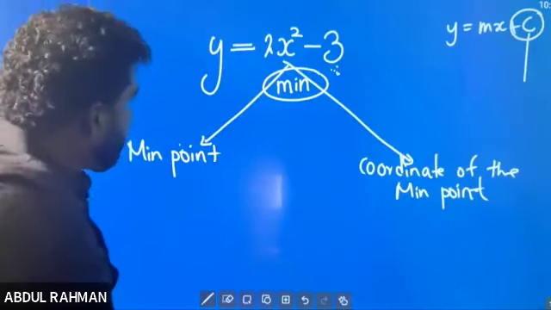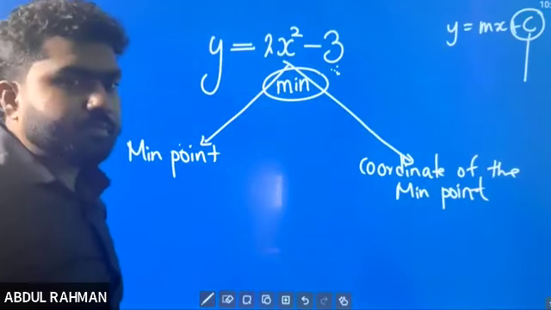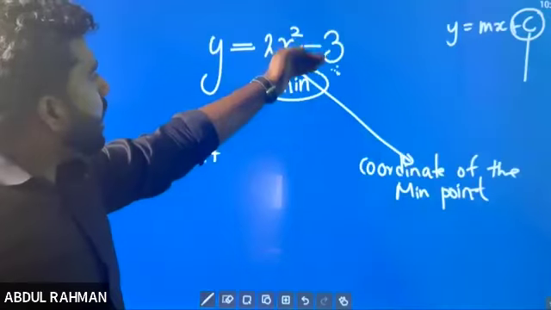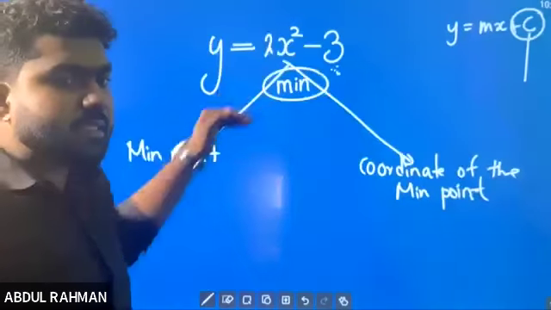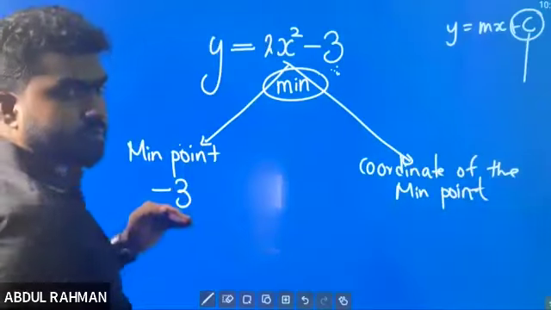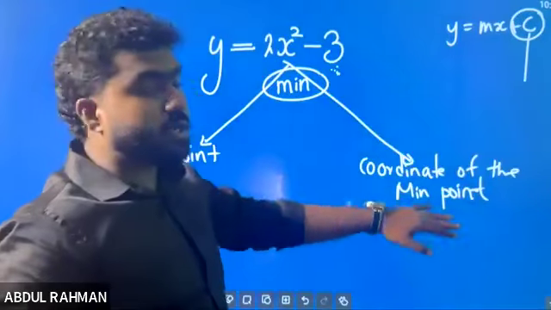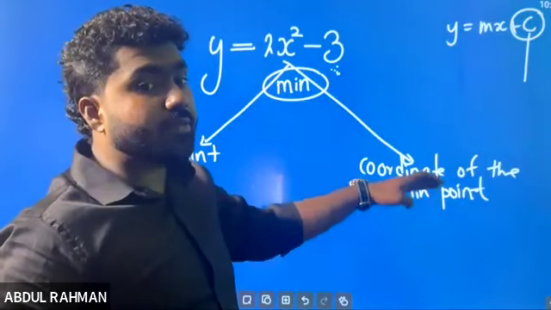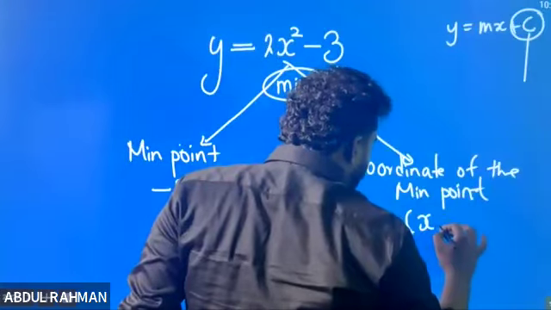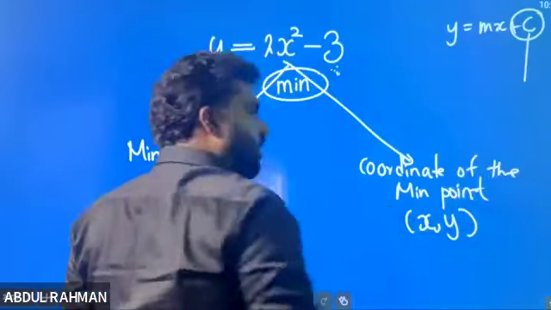Now, you have minus 3 here. 2x squared minus 3. This value is the minimum point of mine, so I'm writing minus 3. If I want to write the coordinate of the minimum point, the coordinate should be an x comma y value, right?